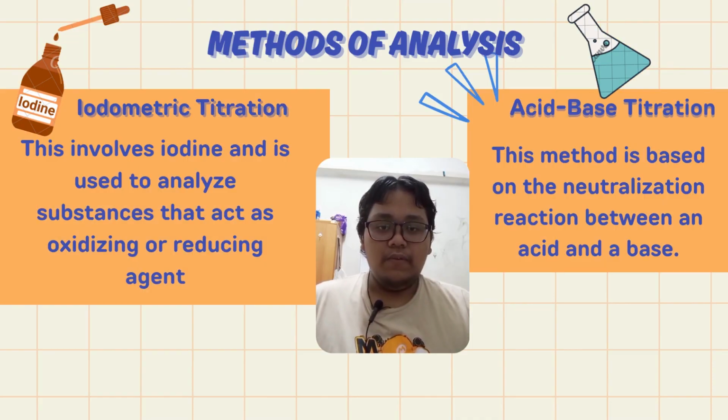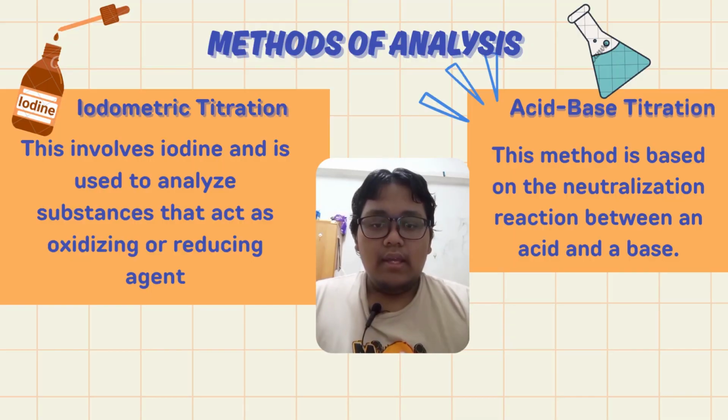So how do we analyze these preservatives and additives? Well, using the most common method, that is volumetric analysis. During a volumetric analysis, they use a process called titration, in which a solution of known concentration is reacted with the substance that is being measured.